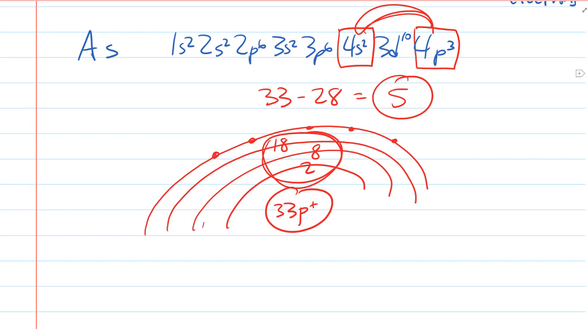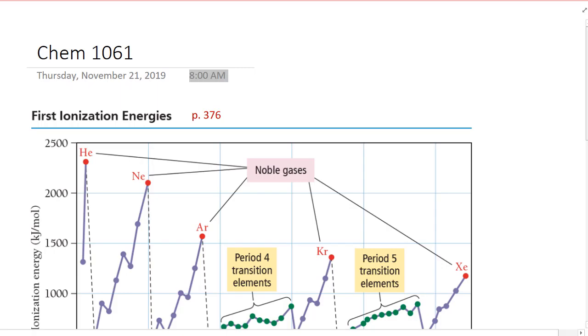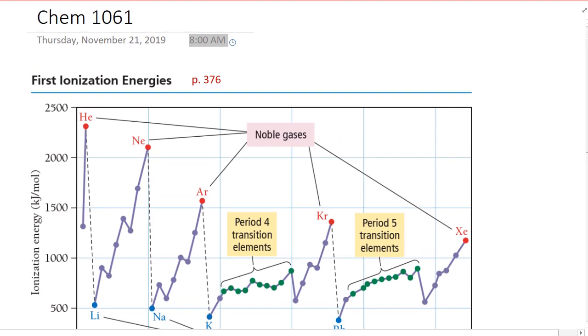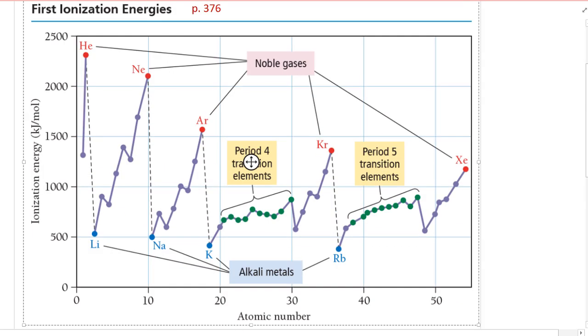Okay, next up, let's go ahead and look at this graph. This graph here now is with respect to what we call ionization energies. And let's define what an ionization energy is.